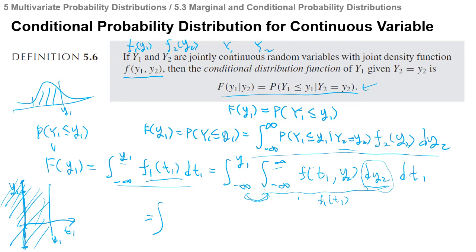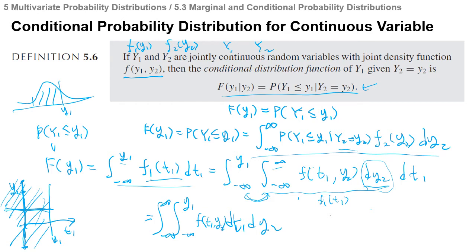If you first integrate with dt1, then dy2: for dt1, the integration is from minus infinity to y1, and for y2 we integrate from negative infinity to plus infinity, with f(t1, y2).